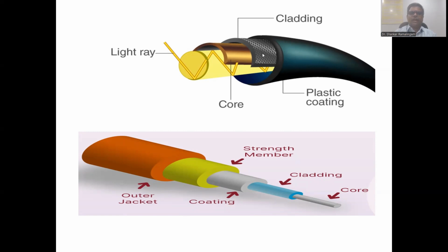And we have another layer in our optical fiber cable, that is a protective layer, which is a plastic coating, either a simple plastic coating like this, or a strong plastic coating with this outer jacket, which is going to protect the optical fiber cable structure, that is both cladding and core, and the light signal that is present inside our core.